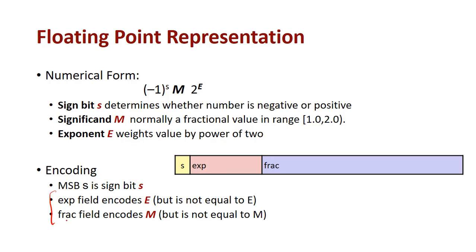Similarly, the fractional part is not actually the mantissa or significand, but it is used to encode the mantissa or significand. This is a generic format. We have -1 to the power sign. If the sign bit is 0, it will be positive, and if the sign bit is 1, the floating point number will be negative. Then we have the mantissa and then 2 to the power e, the exponent.